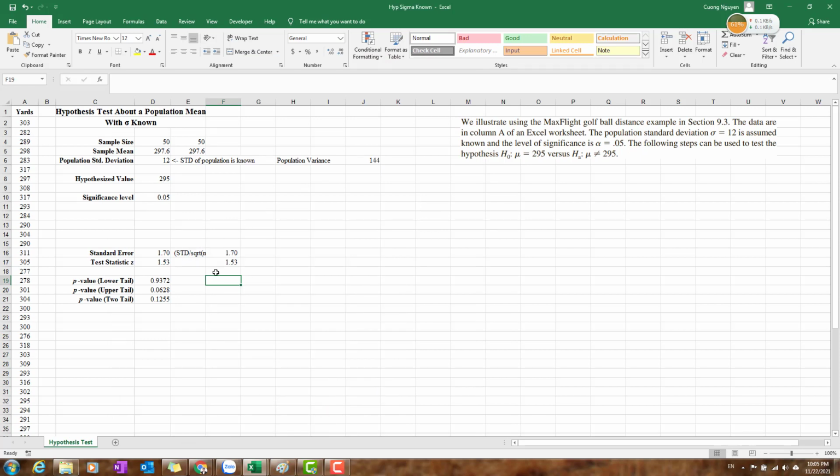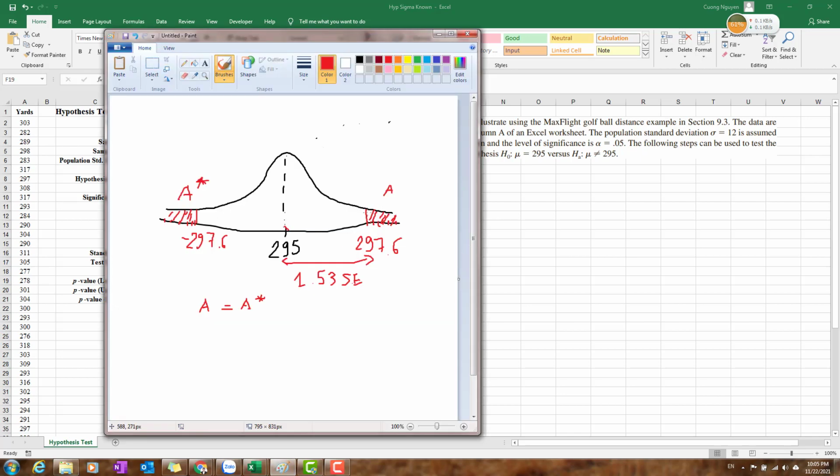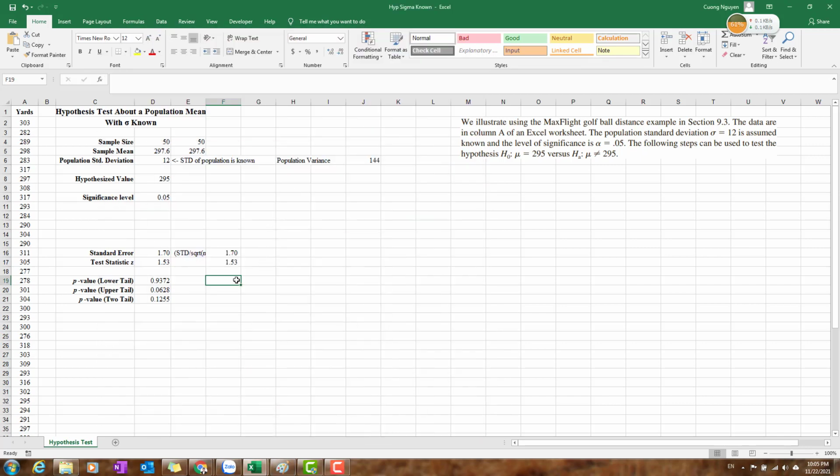Okay, to do that, I will have to measure this area first, the area on the left side of the critical value of 297.6. And to do that, I use the function called NORM.S.DIST.